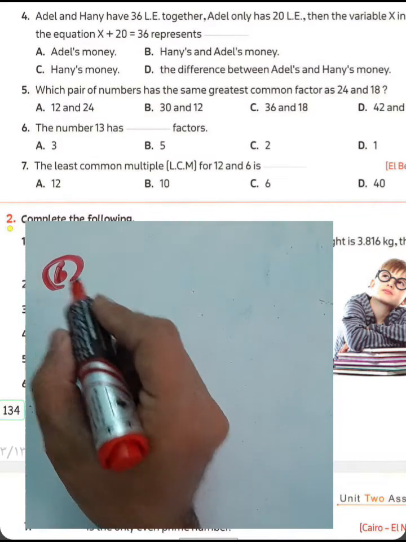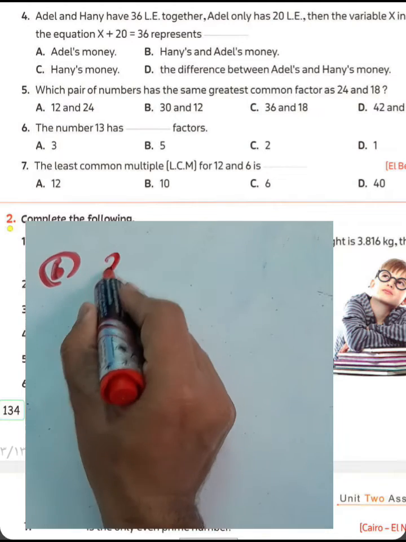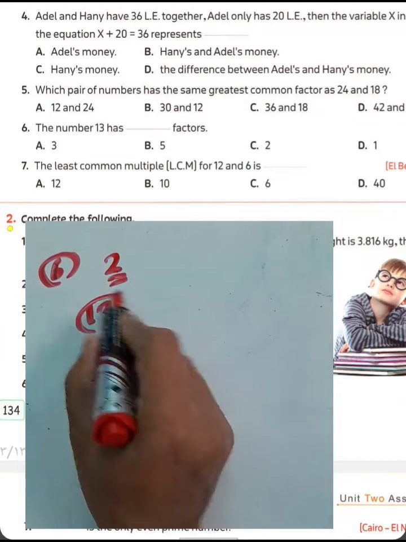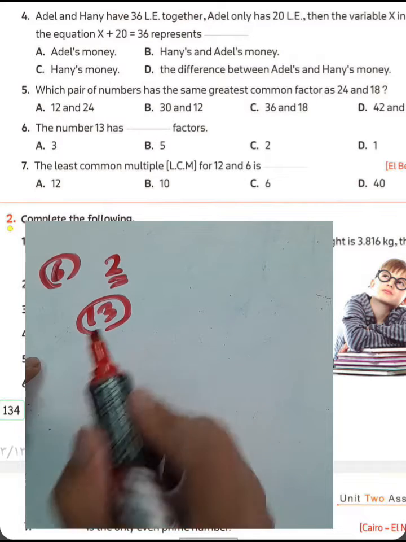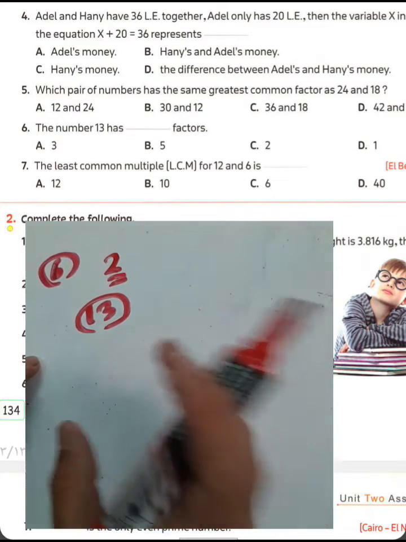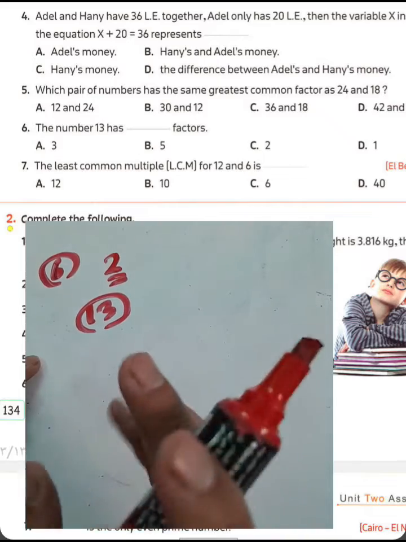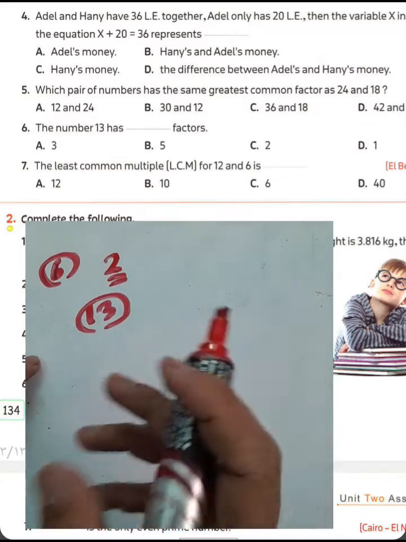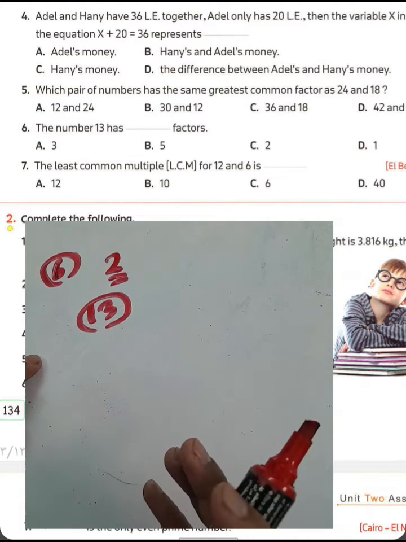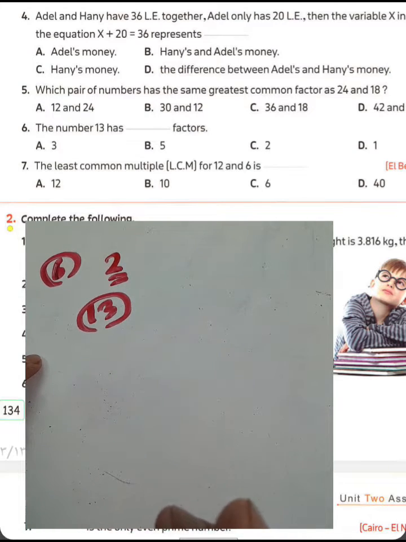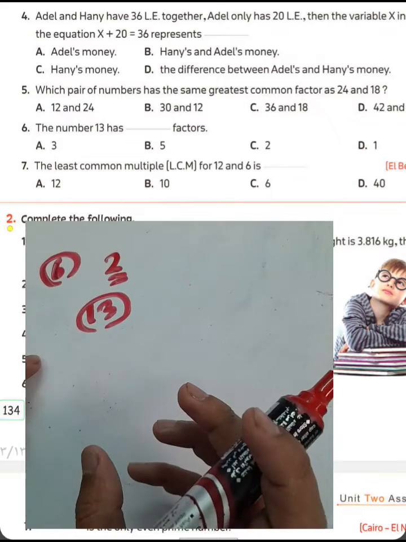Question number 6. The number 13 has two factors because 13 we call a prime number. Any prime number has only two factors, it can be divided by itself and one only, such as 2, 3, 5, 7, 11. All prime numbers have only two factors.